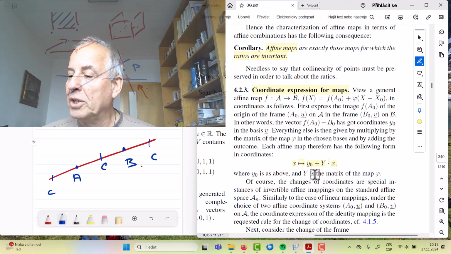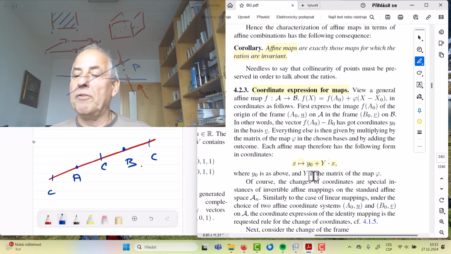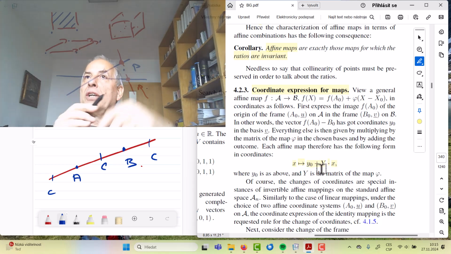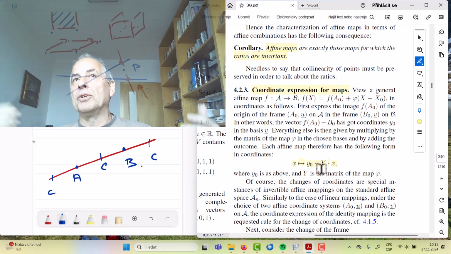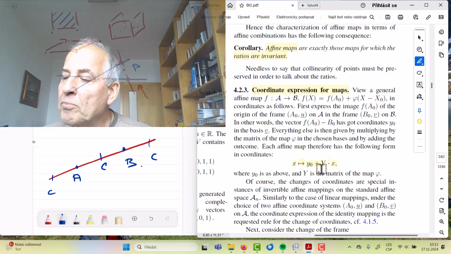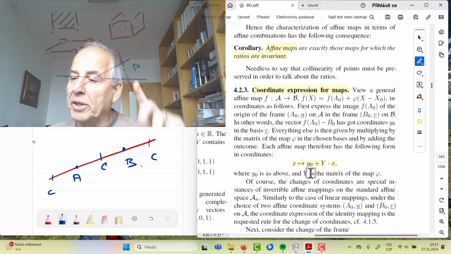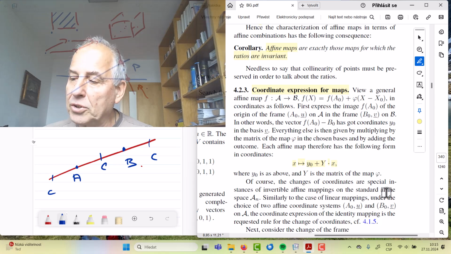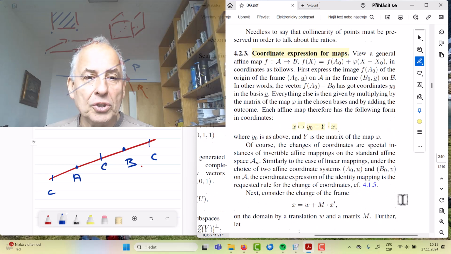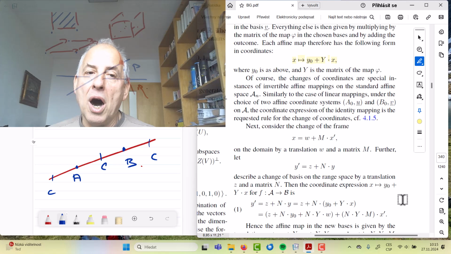So we have got 2 things to define an affine map: a matrix, and the matrix must be of the right shape, right? So it depends on the dimension of the target and the dimension of the source, and this is a vector, so a point in the target, not a vector, right? So that's easy, and of course we would like to see how it changes.